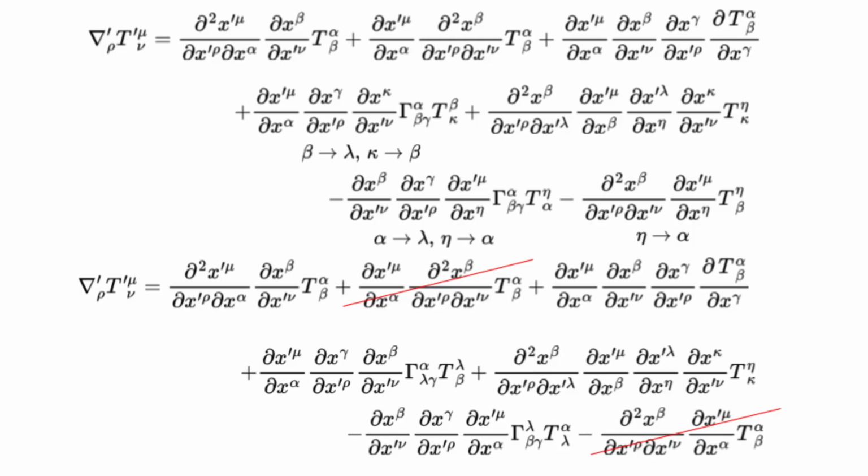Here we relabel the dummy indices to prepare for combining terms later. We also note that the second term and the seventh term cancel each other due to the relabeling of dummy indices.